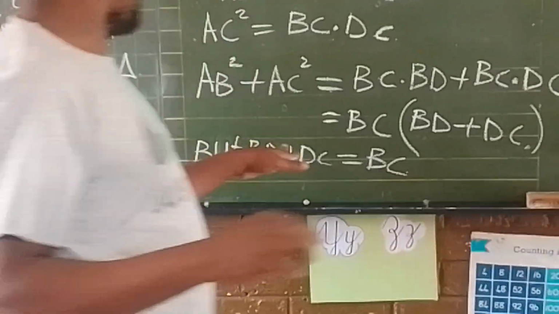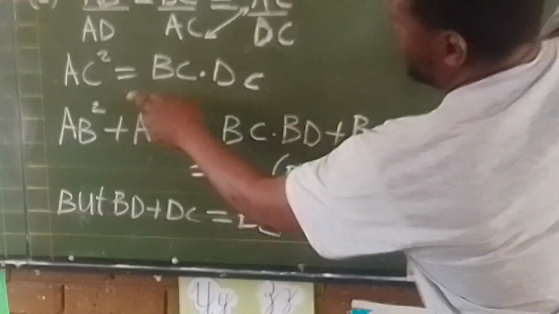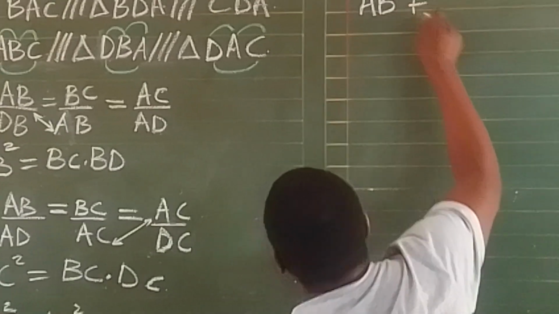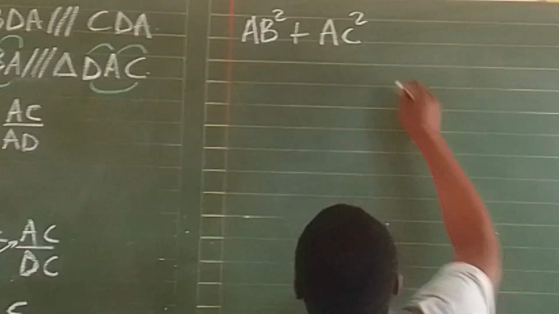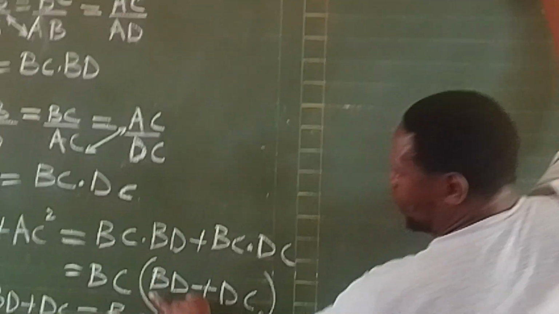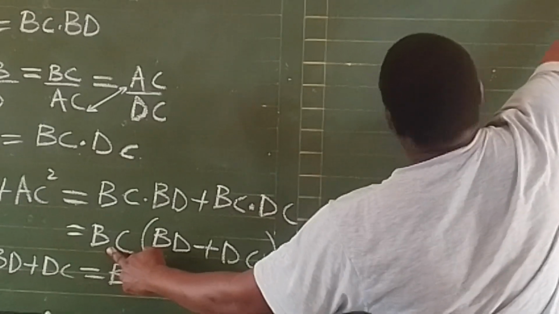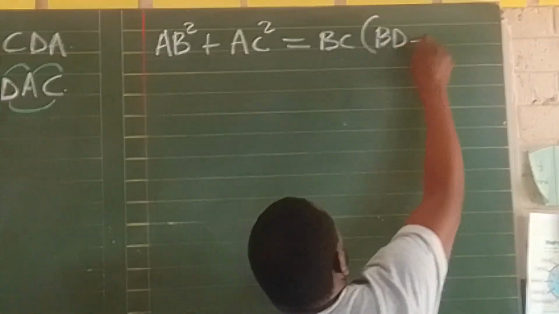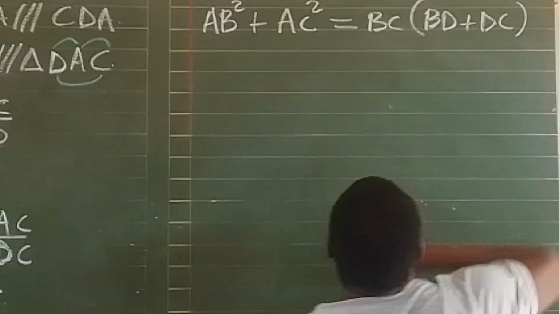Then we come and finish everything that side. AB squared plus AC squared is equals to BC times BD plus DC. This is what we had.